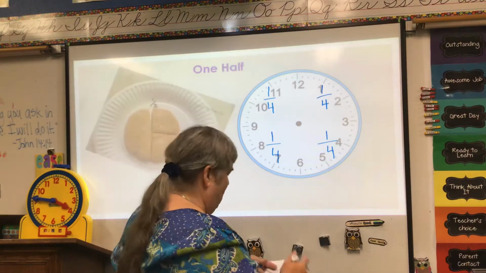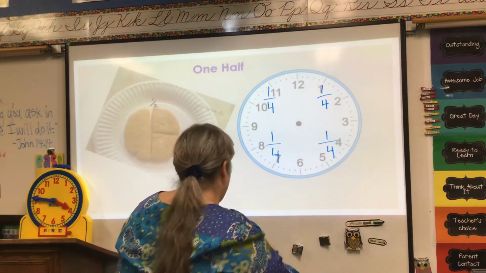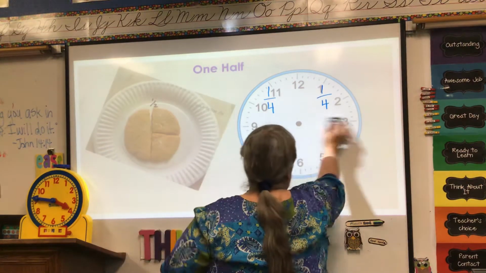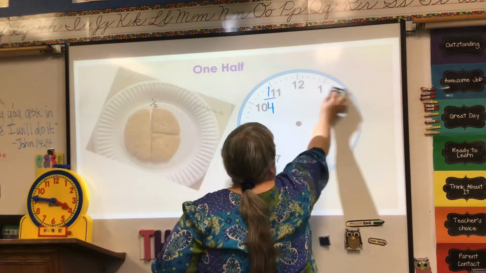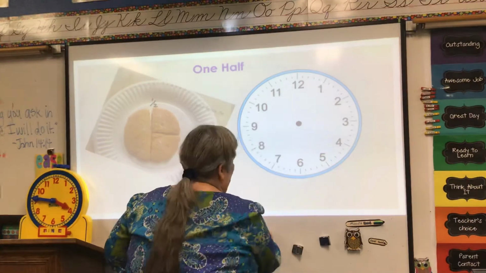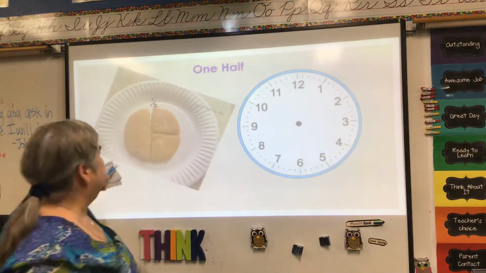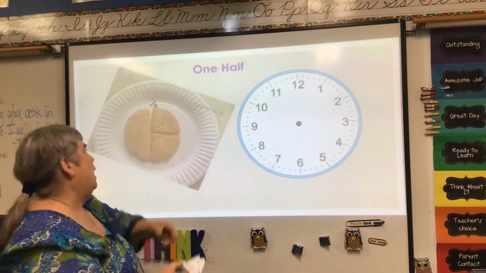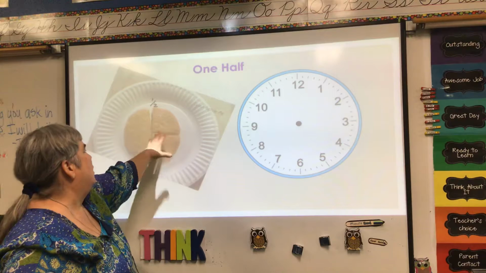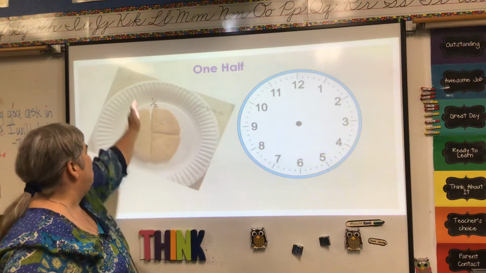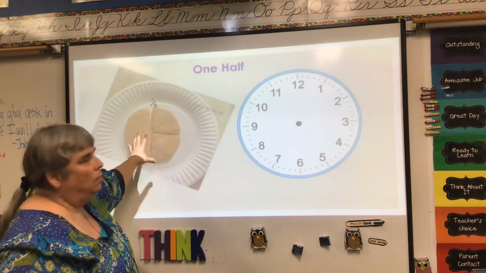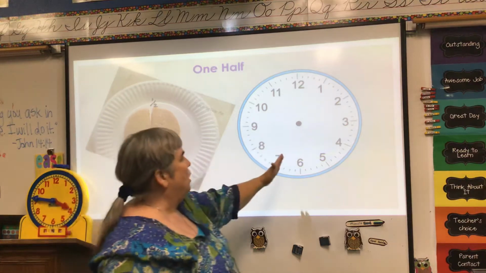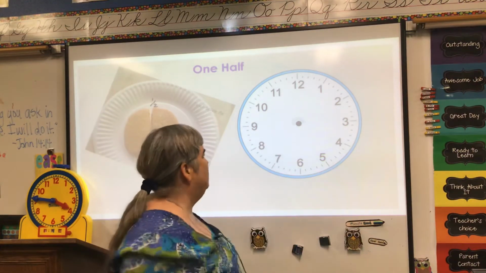Now, sometimes we don't have quarters. Sometimes we have a half. So like to go with our pesto pizza, we had a nice cookie here, and we split it in half. And then we split the half in half, but that's not important. The cookie got split in half. So sometimes the clock is also going to be split in half.